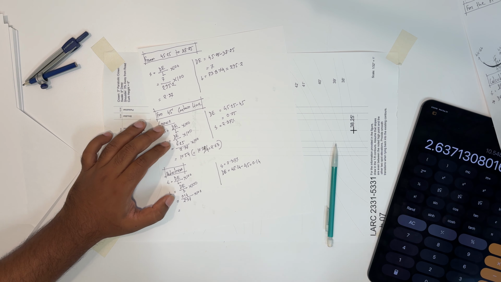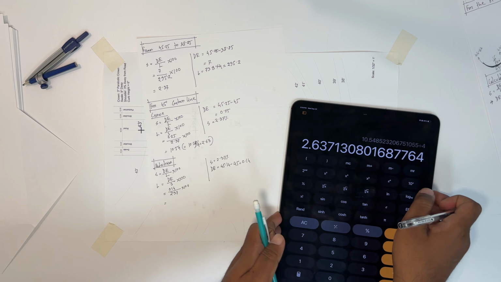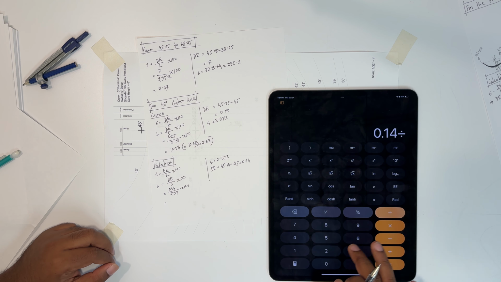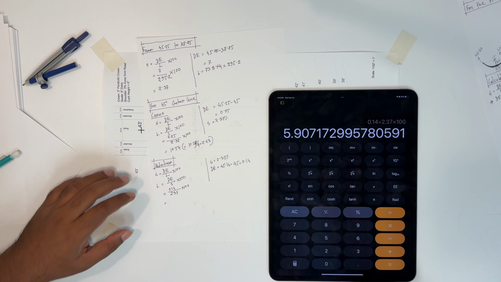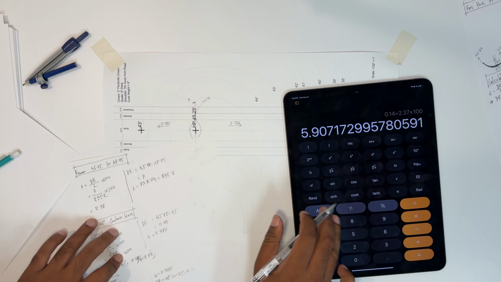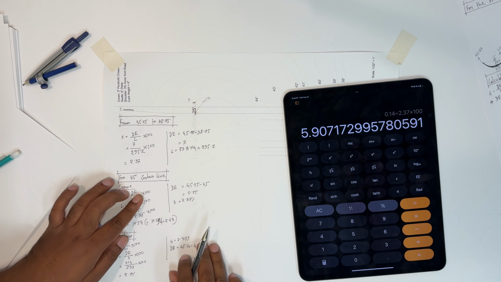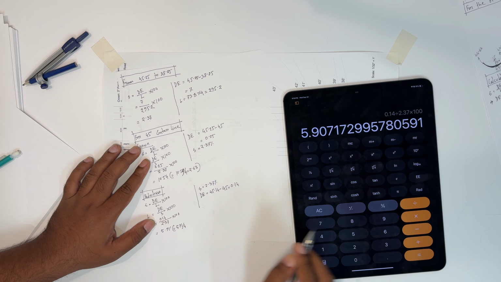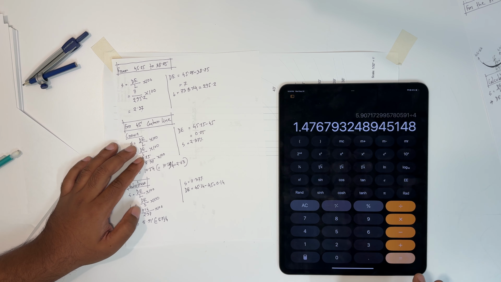So let's calculate that. So 5.90 or 5.91. And that should be from here to there. But again, this is 132, so we need to divide it by 4. So 1.47 or 1.48.